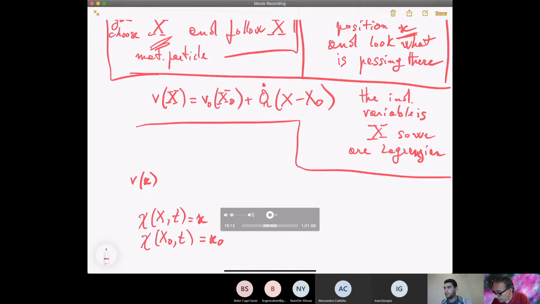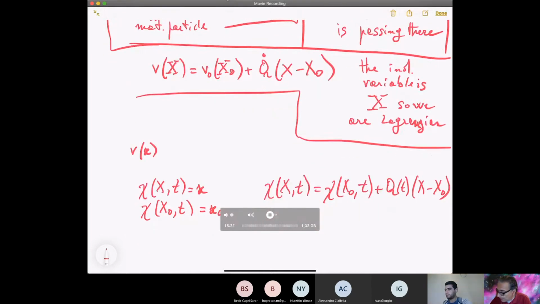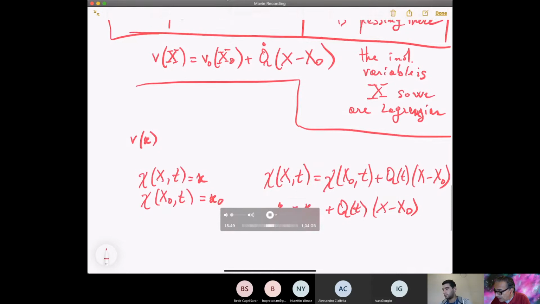Okay. So when I write chi of X, t equal chi of X0, t plus Q of t (X minus X0), I can find the material particle relative to small x simply solving this linear equation.